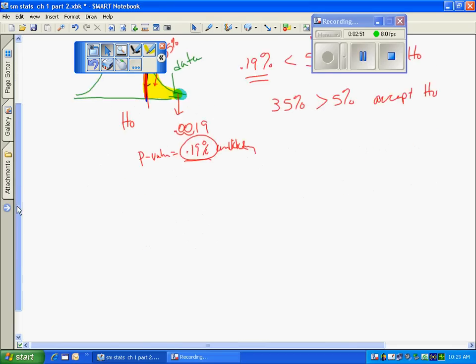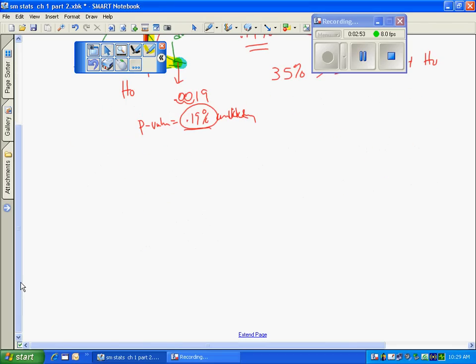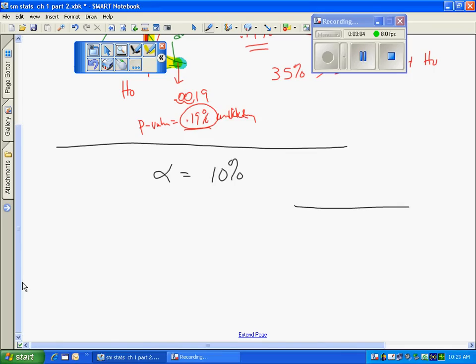Let's try another one. I'm going to, as a researcher, set my alpha level to be at 10%. That's deemed unlikely. I'm looking on my curve. I go get some evidence, and I find my evidence to land down here in the tail.